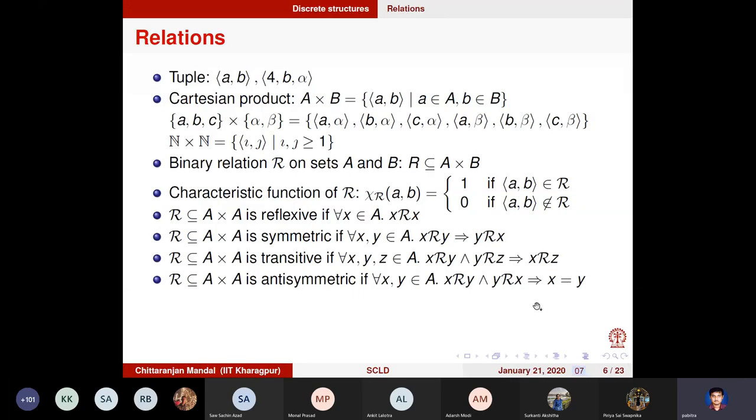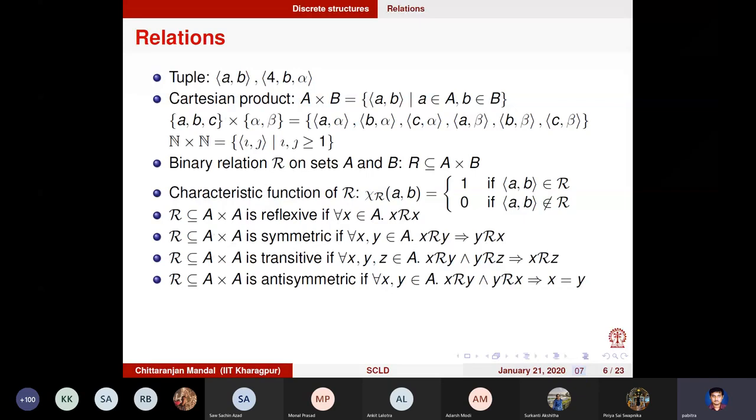That means if x is related to y, then either y will not be related to x or y will be equal to x. Either they will be equal or they will not be related at all.